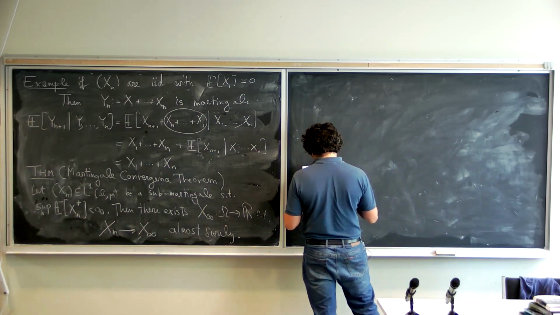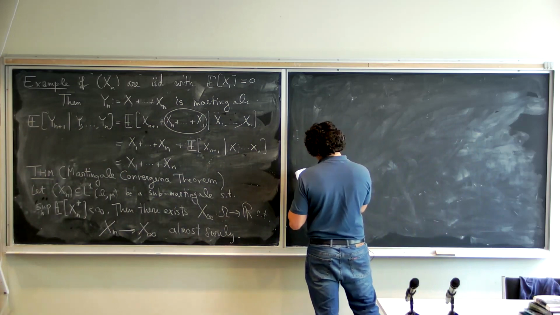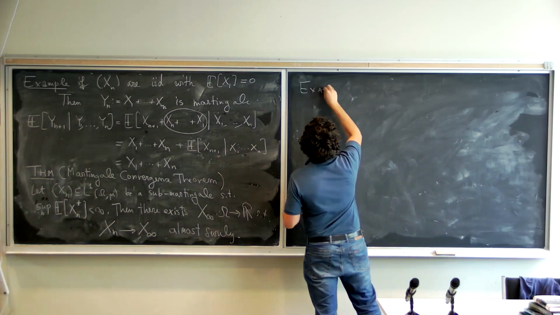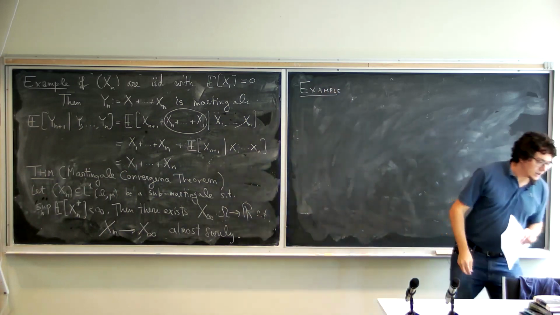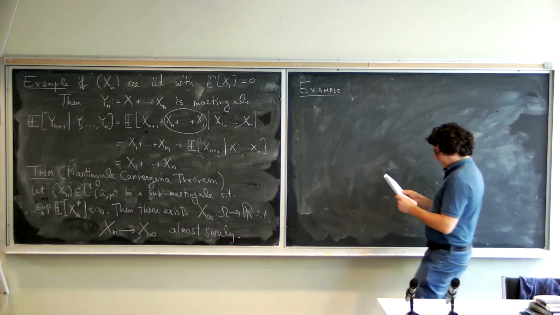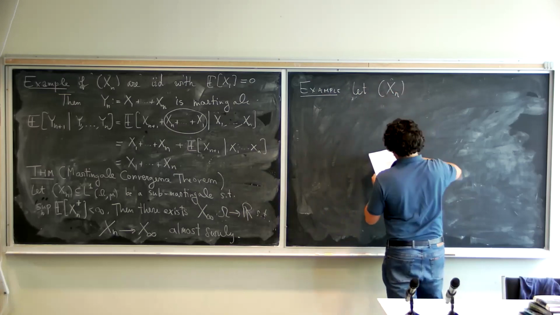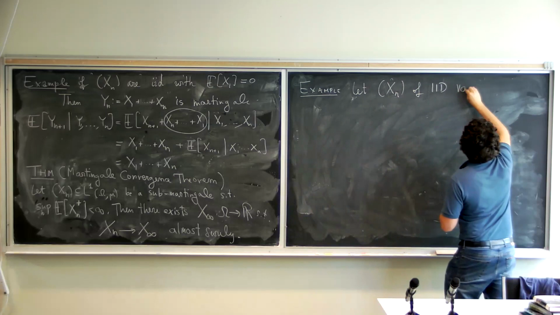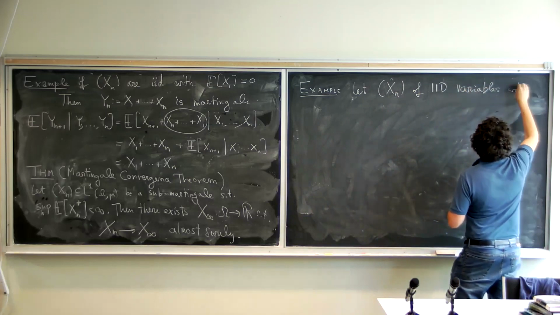Okay, so here's an example. Now let's finish maybe with this other example, which is kind of neat. It's not the usual one. It's like this. You start with a sequence xn of IID variables with the following distribution.